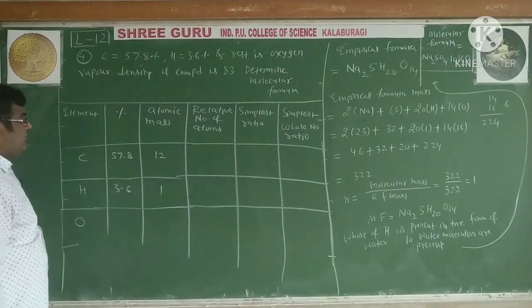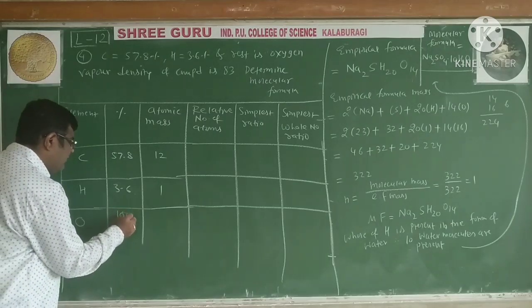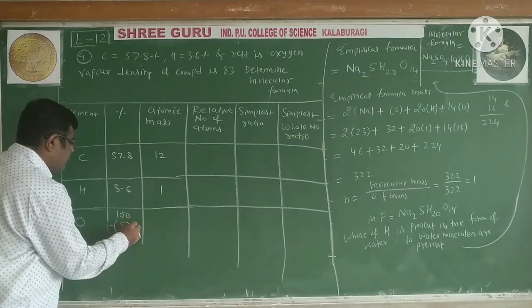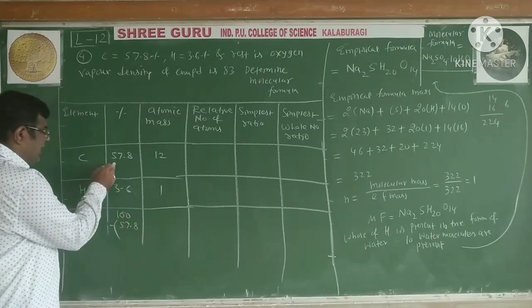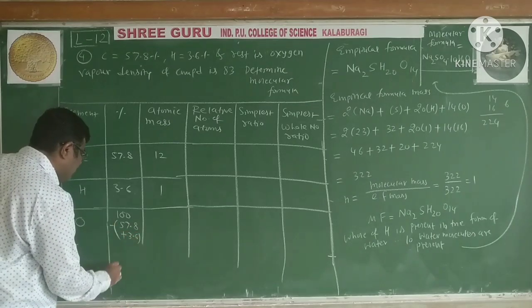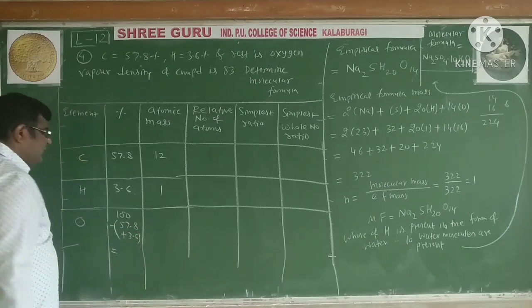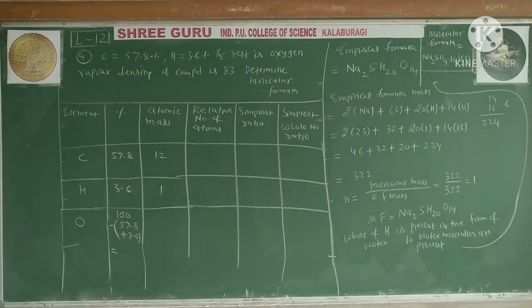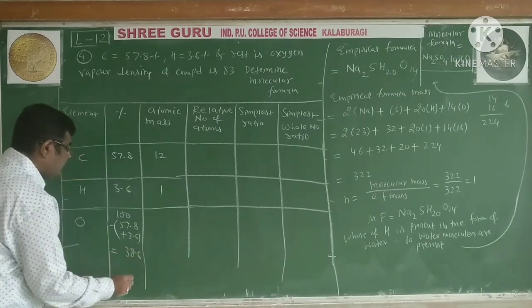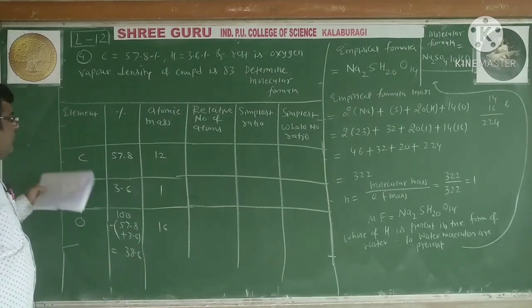So oxygen is 100, and from that we have to subtract 57.8 of carbon and 3.6 of hydrogen. Because 3 of them together make 100, and that happens to be 38.6, and the atomic mass is 16.